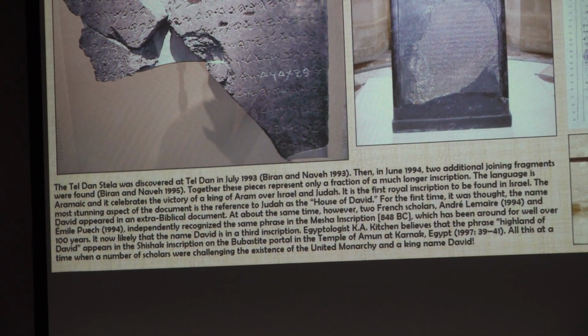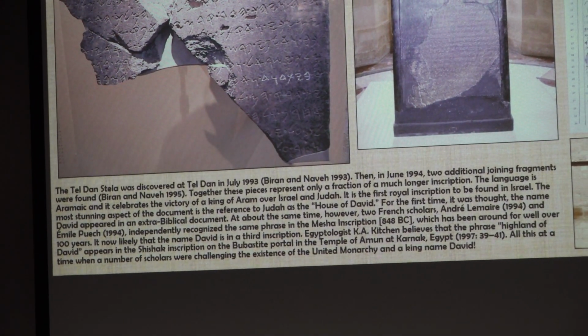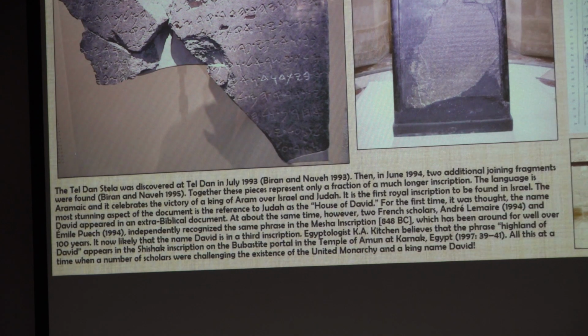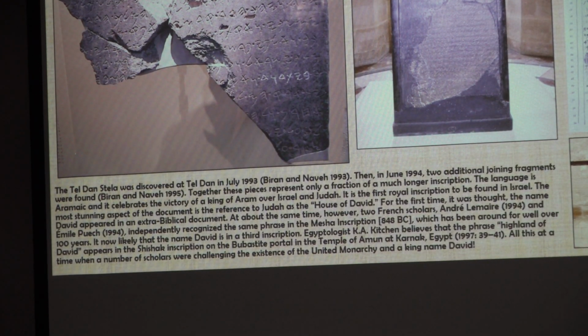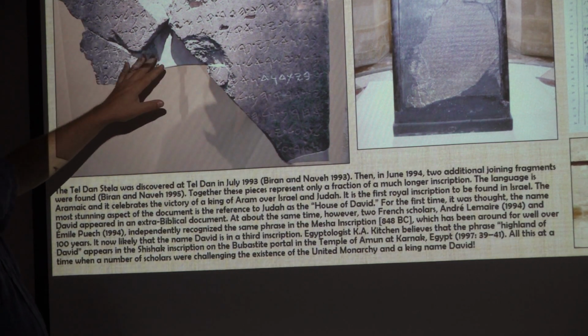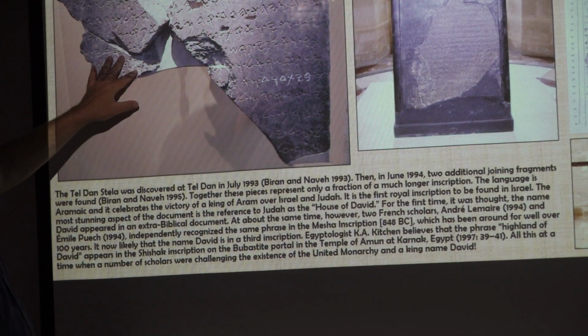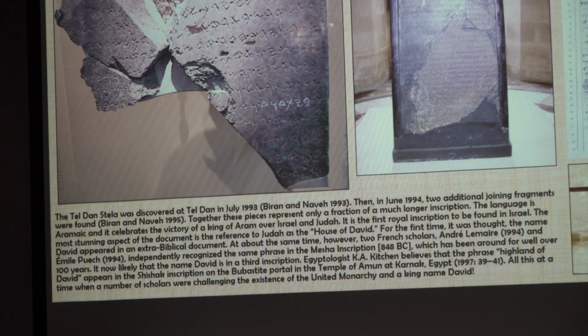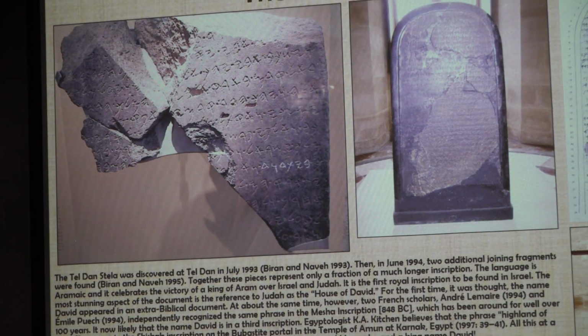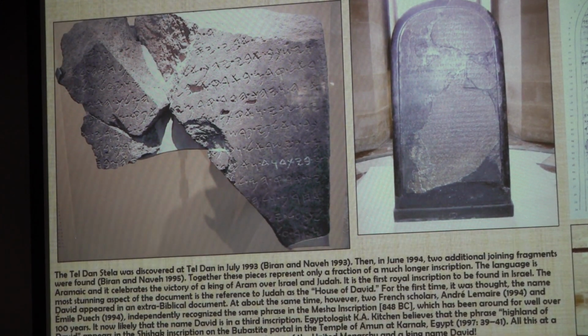And Avraham Biran came by, I think her name was Gila Cook, if I remember, and said, "My gosh, we have an inscription." And so they immediately looked around for more basalt pieces of this inscription and found these two others eventually. And it's still very fragmentary, but they're able to read more of the text.